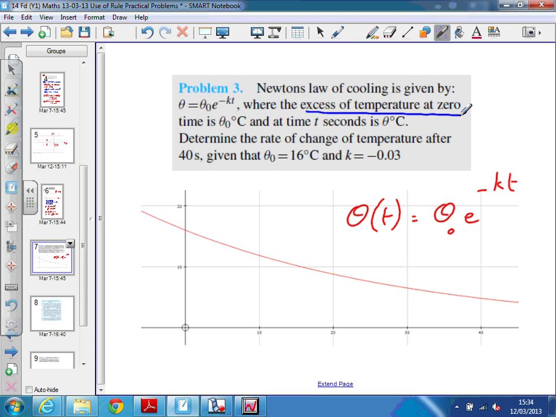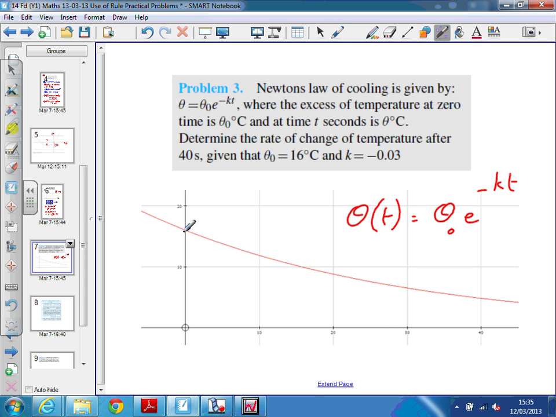So we are 16 degrees above room temperature at the start, and that's indicated here, look, 16 on the graph. So at time 0 here, the temperature is 16 degrees, and then it starts to cool. And the rate at which it cools depends on how far above room temperature it is.